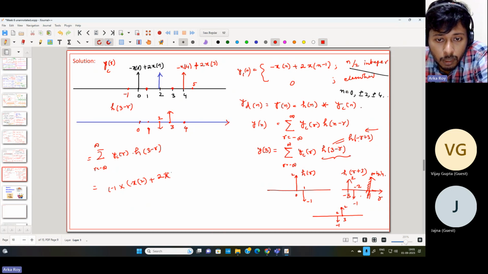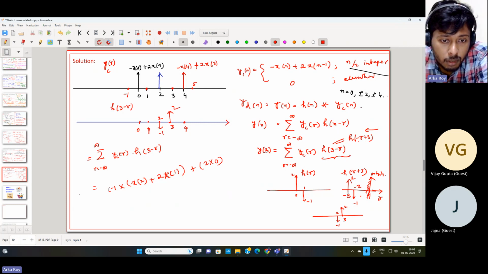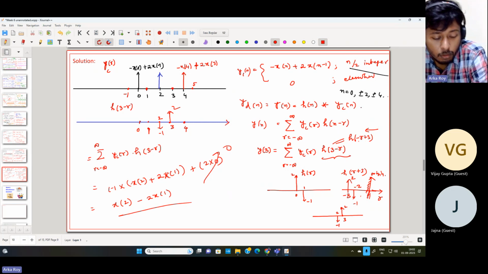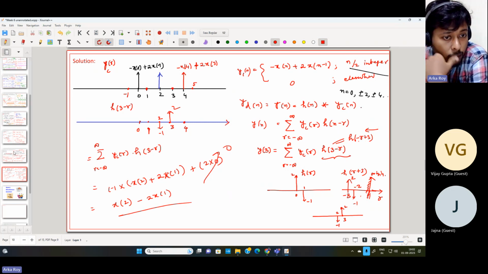So x of n minus 1 will effectively give you 1, and over here it is 2 into 0. So the value is 2 and the value is minus 1. This will nullify to 0, and over here I will get x of 2 and then minus 2 into x of 1. So this is your final answer.